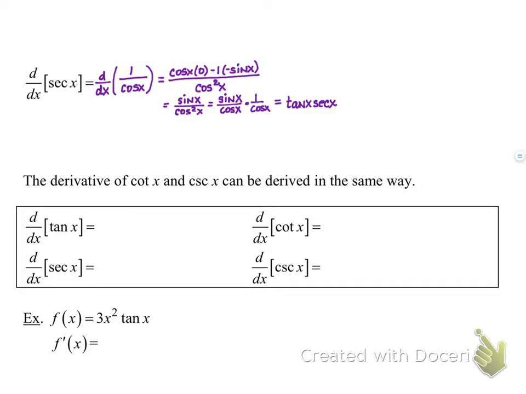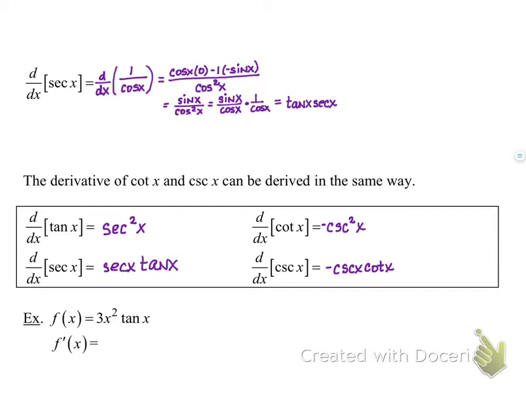So if you are one of those math people, I trust that you can figure out how to use the quotient rule for both cotangent and cosecant. You can go through that process and prove it to yourself, is what I'm saying.